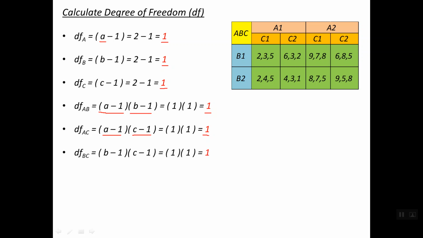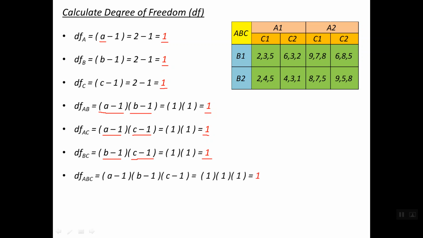For B and C, the degree of freedom is B minus 1, this is the degree of freedom for the factor B, and this is C minus 1, the degree of freedom for factor C. So we have 1 times 1, we have 1.